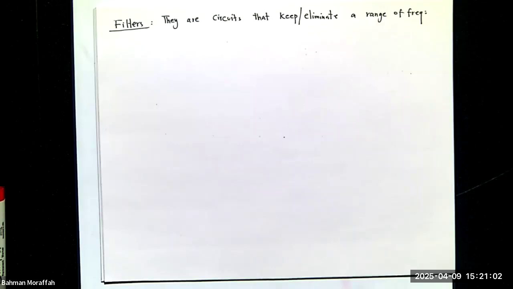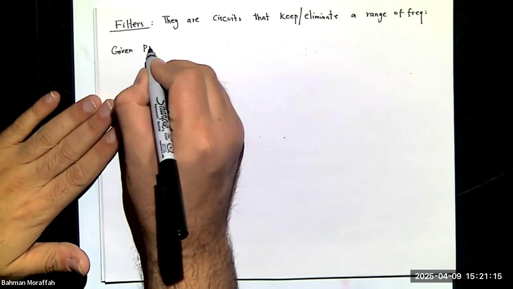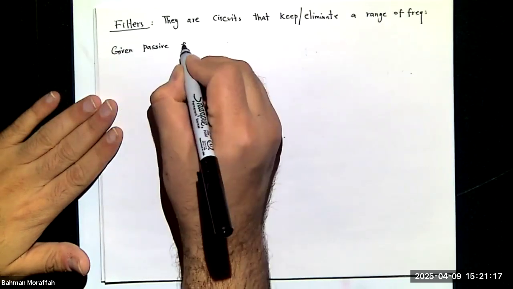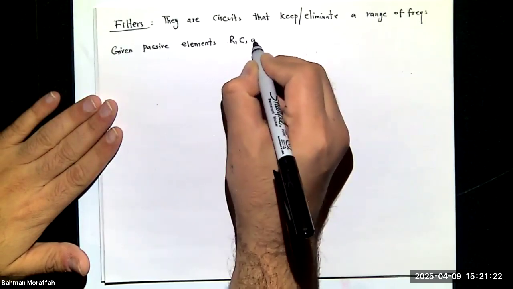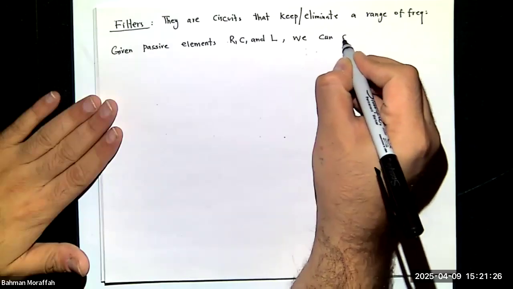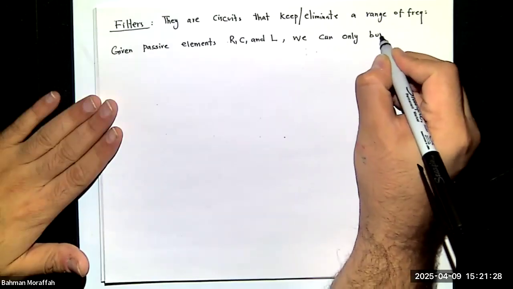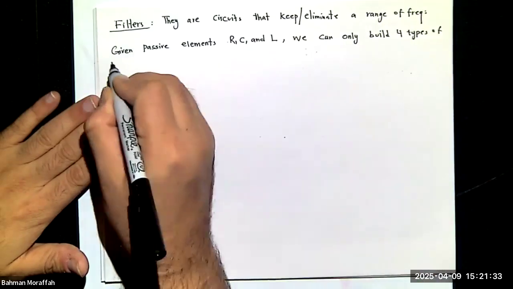These are the only filters that we can build with passive elements. So given passive elements R, C, and L, we can only build 4 types of filters.